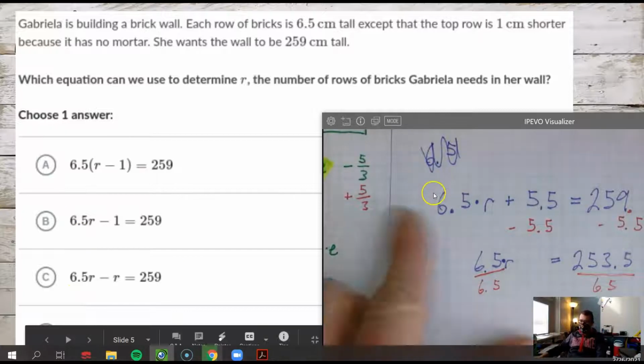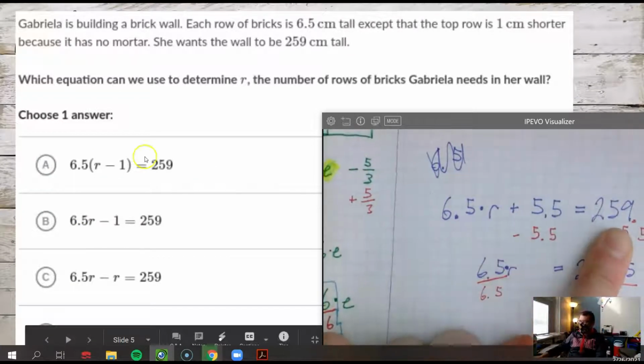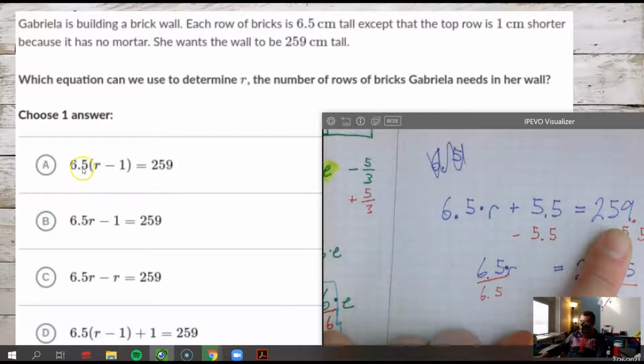So when I think about this equation related to what they have written, 6.5 times r times 6 negatives. That would be a negative 6.5 when I distribute. I don't think I want a negative 6.5.